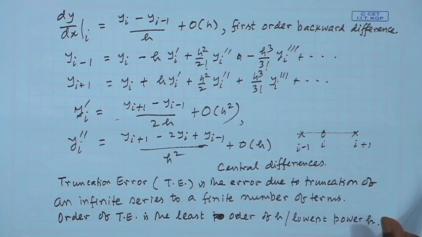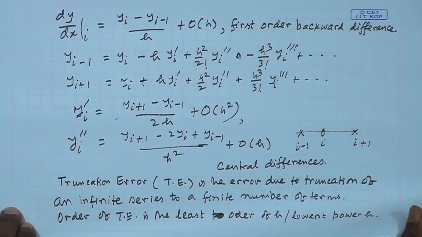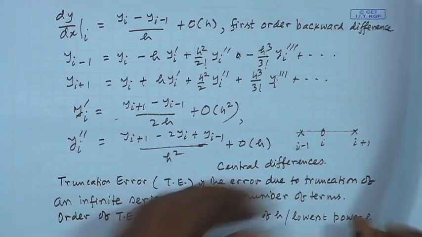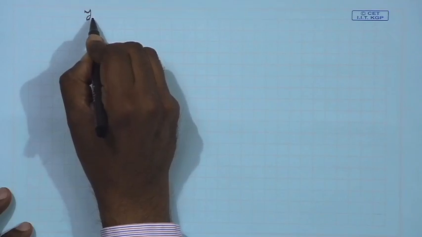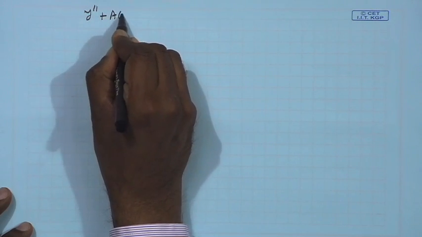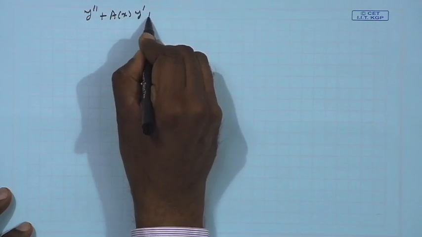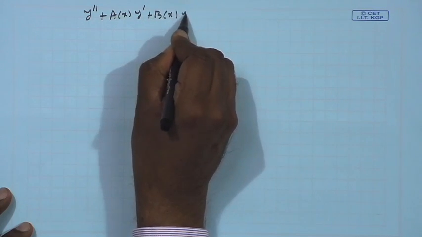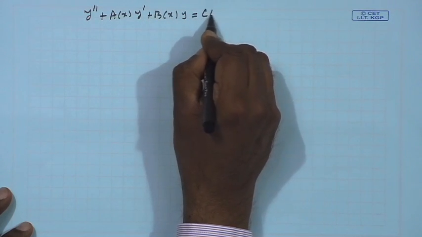So, now this formula gives us the way the derivatives can be approximated. Now, let us substitute the approximation into the given boundary value problem. If we recall, y double dash plus a x y dash plus b x y equal to c x.